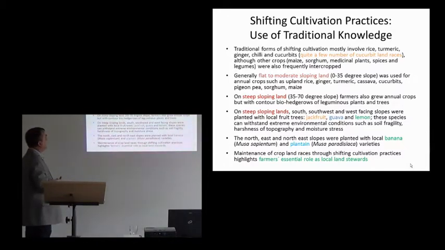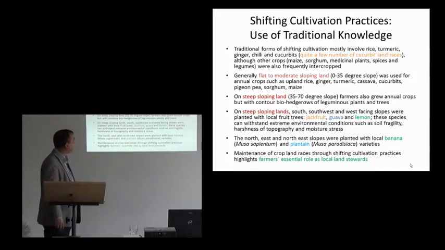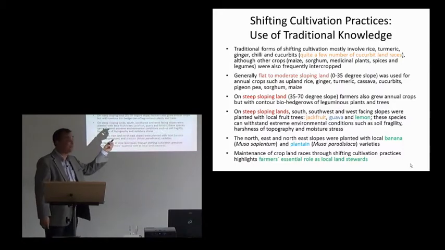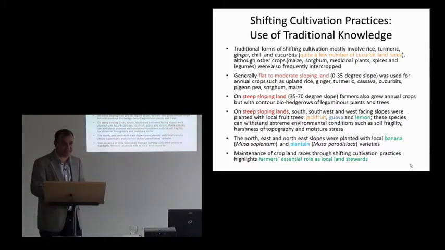So on steep sloping land, what do they do? On the steep sloping lands, there are other options too. They plant local fruit trees: jackfruit, guava, and lemon. Some people might not like jackfruit and guava, but these are called poor people's protein.